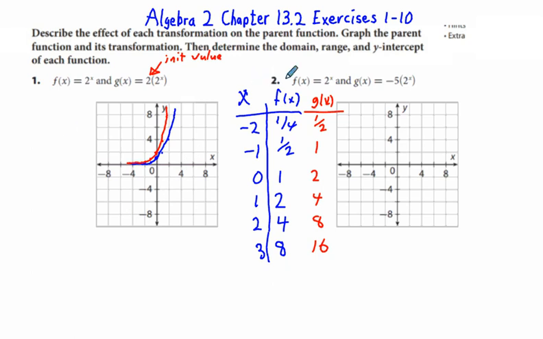Okay, and now for the transformation, we determine the domain, range, and so forth. The domain for f of x is all real numbers.